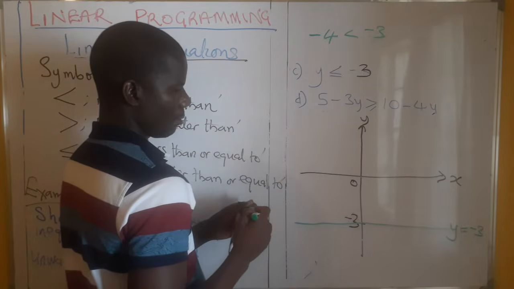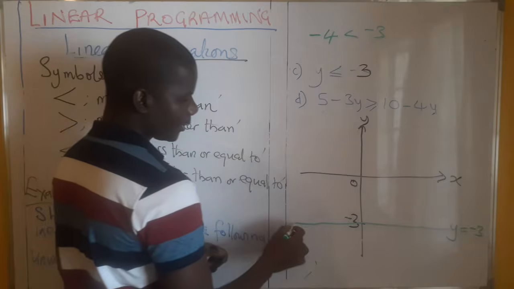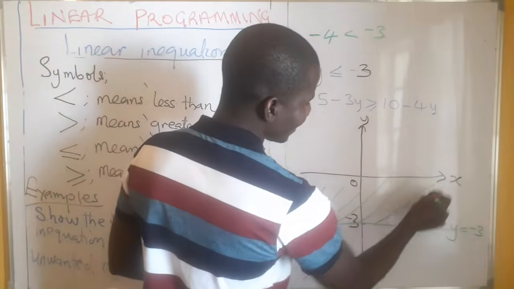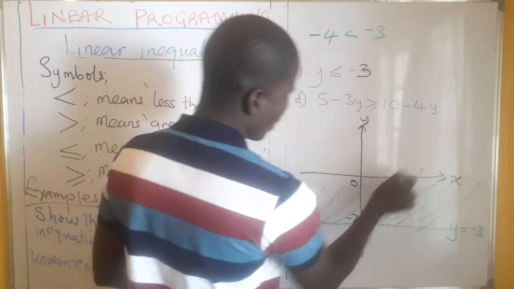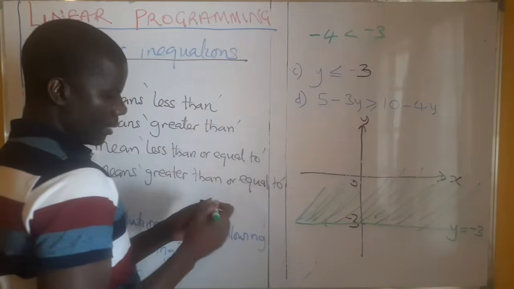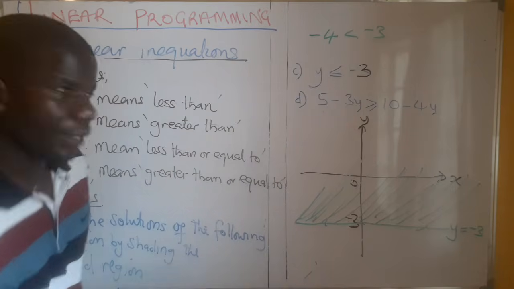Okay? So the region that we want is this one that is down, meaning the shading must be upward. We shade the unwanted region. This one is what we are shading, the upper part. Alright? I hope you are following there.